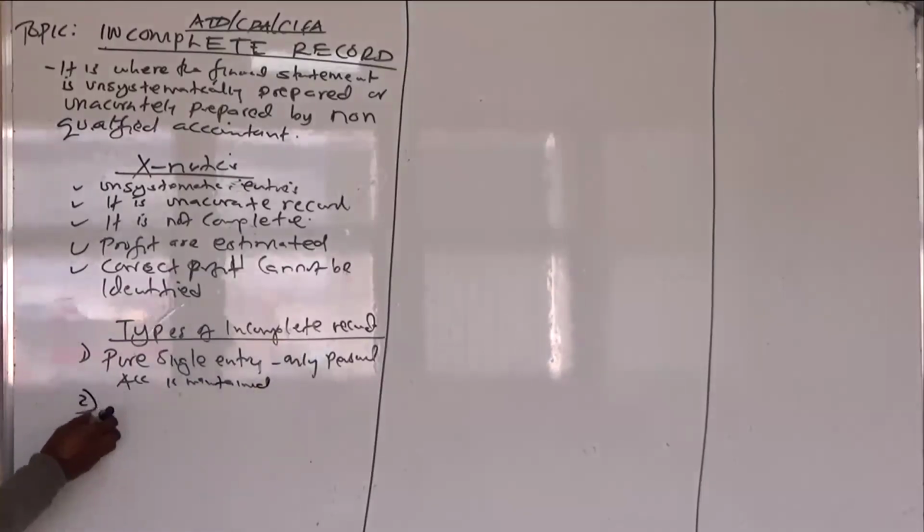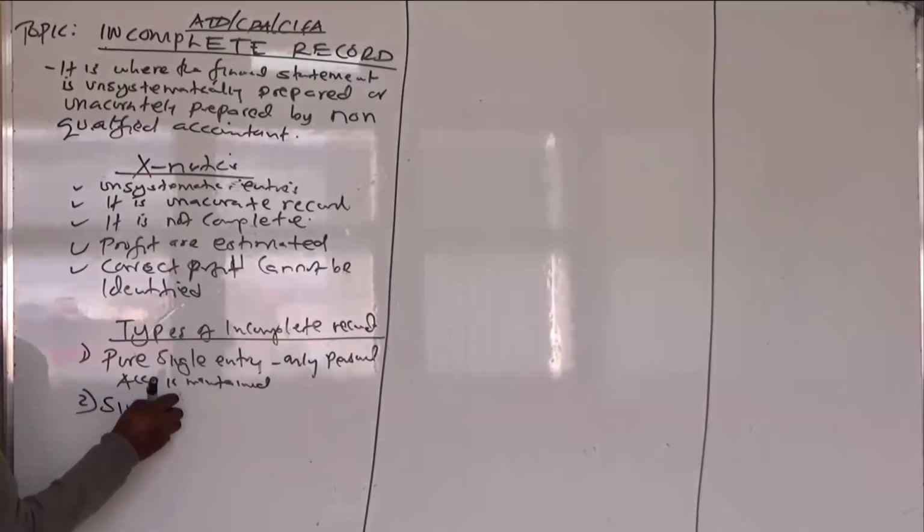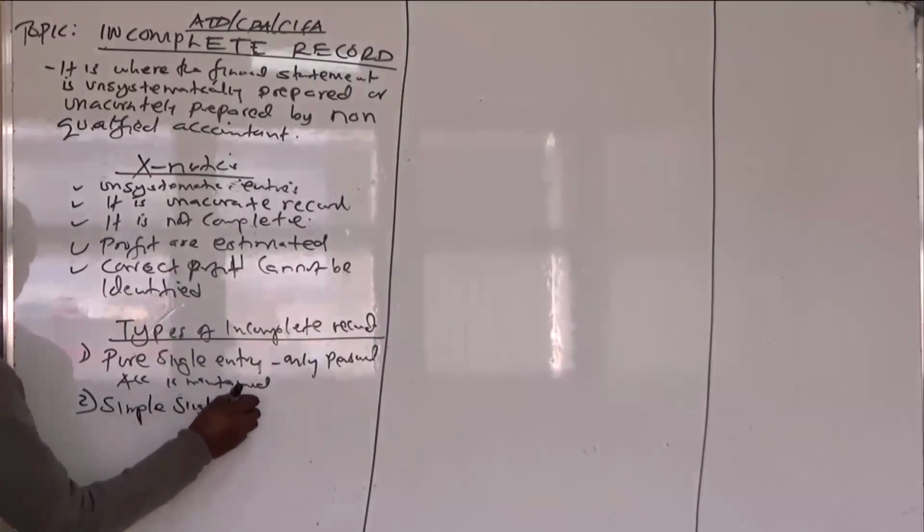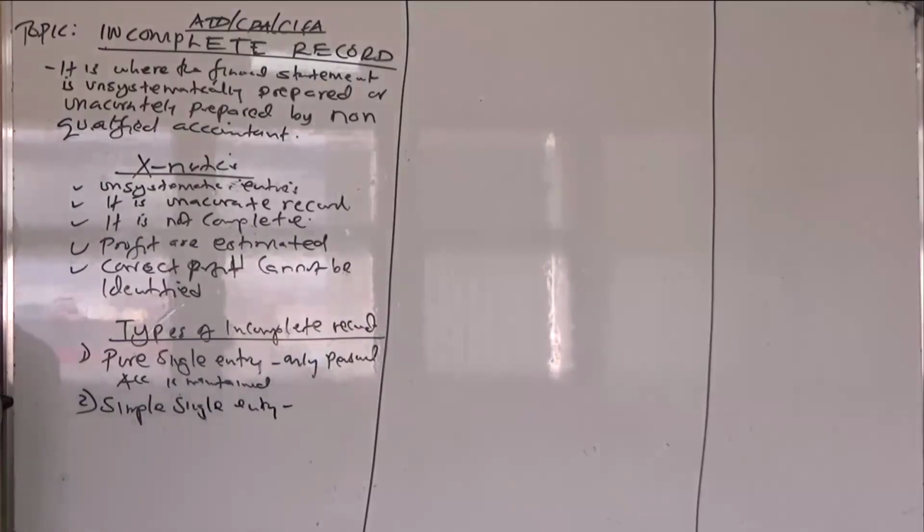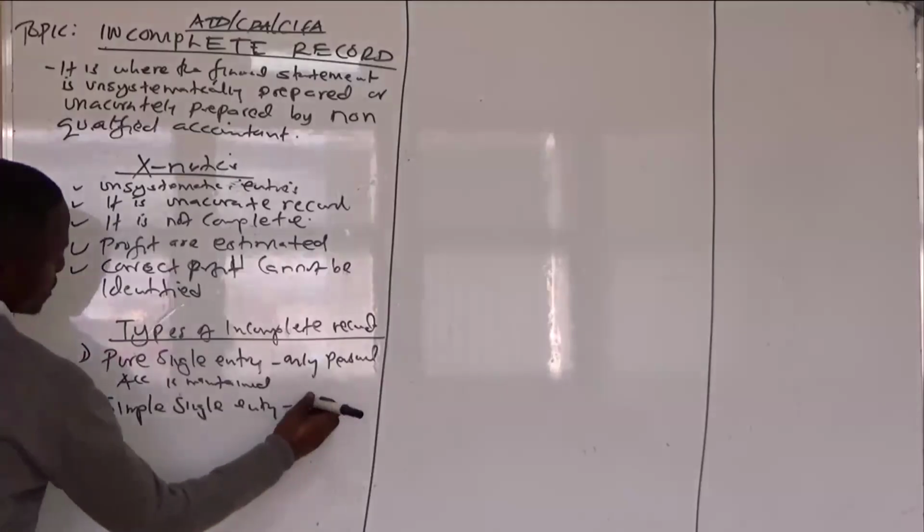You have number two, simple single entry. In that case, we have both cash book and personal account maintained.